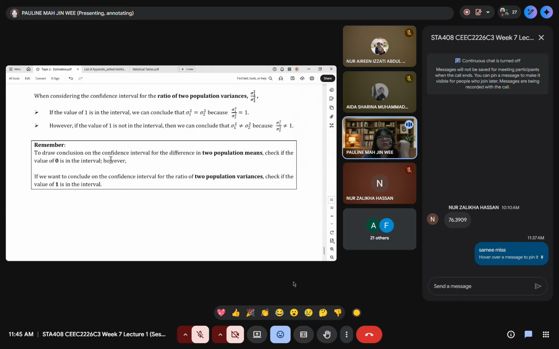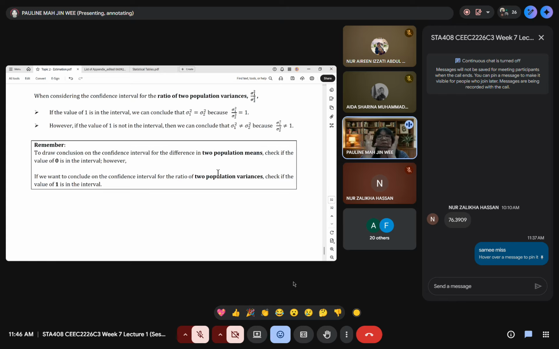So to draw a conclusion on the confidence interval for the difference of two population means, check if the value of 0 is in the interval. But if you want to check on two population variances based on the ratio, then you need to check whether the value of 1 is in the interval. And then, of course, from there you work with the other procedures required.